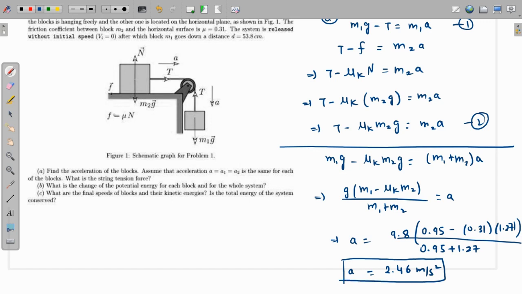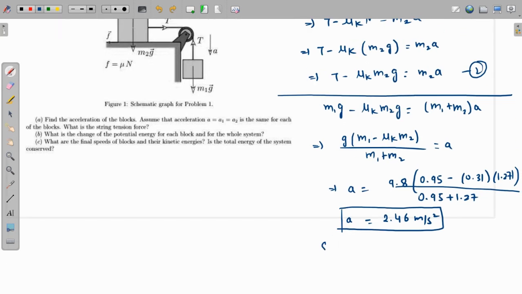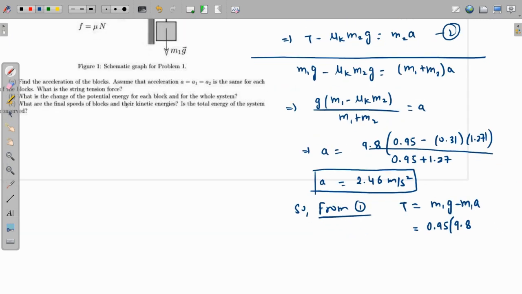And if we have to find the tension force, we can use equation 1 over here. If you rearrange, then tension will come out as m1 g minus m1 a, and m1 is taken out, which is 0.95, times (g minus a), where g is 9.8 and a is 2.46.